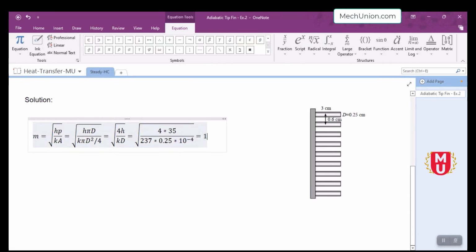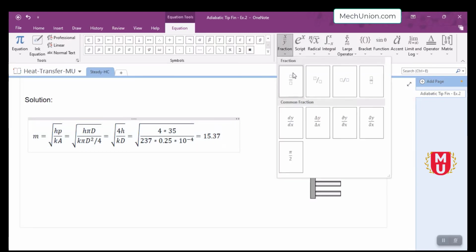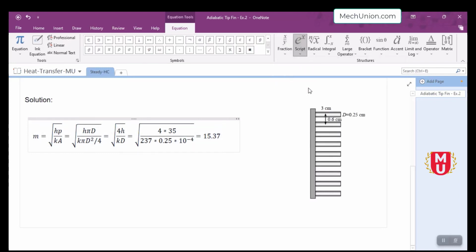If we solve this calculation, we'll get 15.37 inverse meters, that is m to the minus 1.